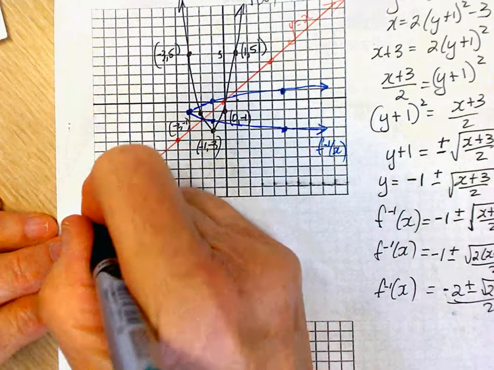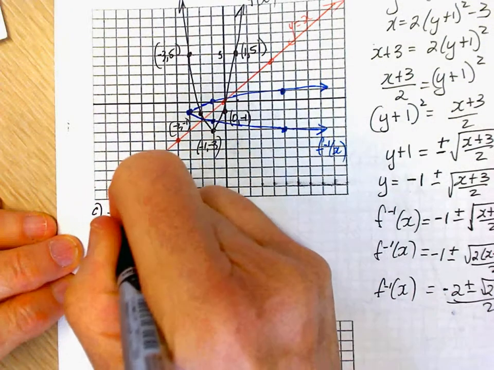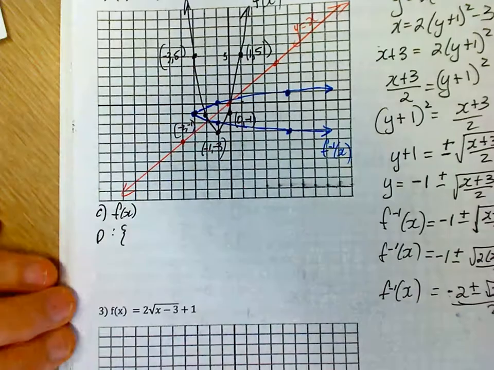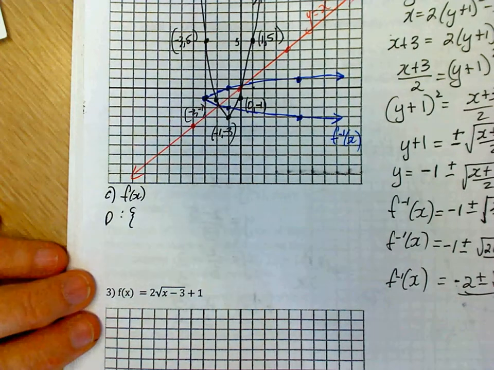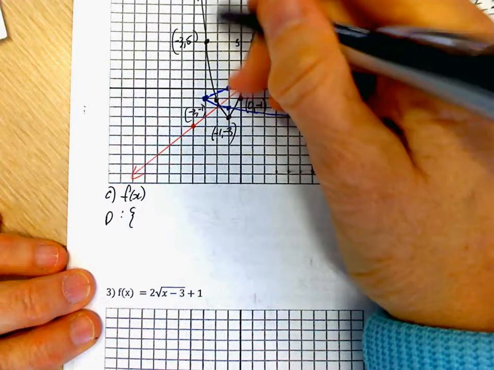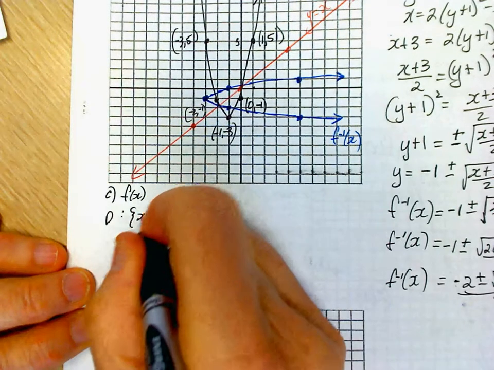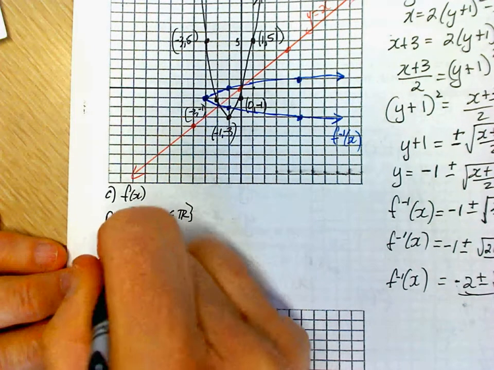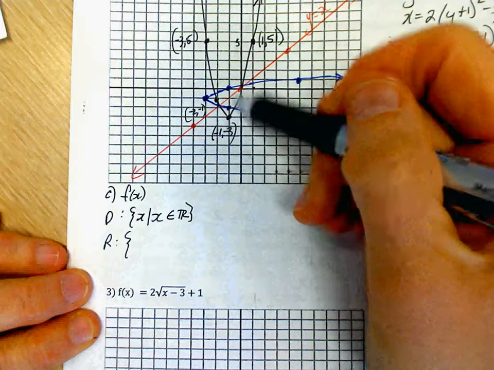Domain. So, on a parabola, you know domain is x such that x is an element of real numbers. Our range is anything bigger than or equal to -3.